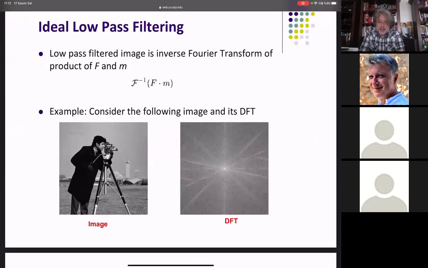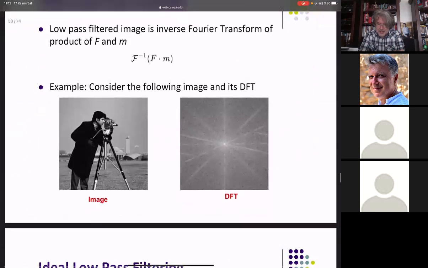For example, the image on the left is the cameraman image, the famous test image, and the right-hand side corresponds to its DFT in logarithmic scale, probably. You see some lines in the DFT, and those lines appear due to the corresponding perpendicular lines and edges found in the original cameraman image.